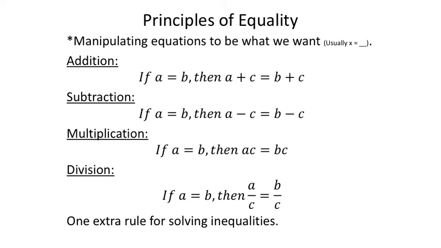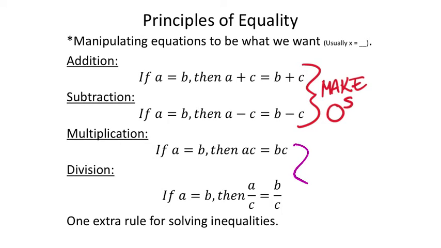not only in this unit, but in the previous unit. And we know if we ever use the addition or subtraction principles of equality, we do these to make zeros. And then the multiplication and division principles of equality are usually used to make the coefficient a 1.